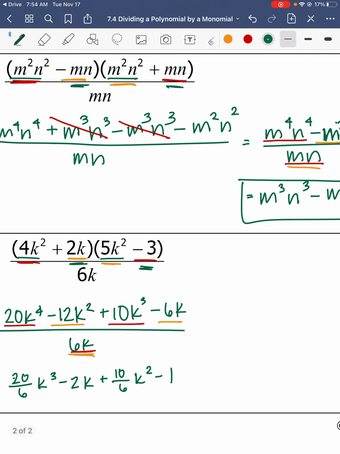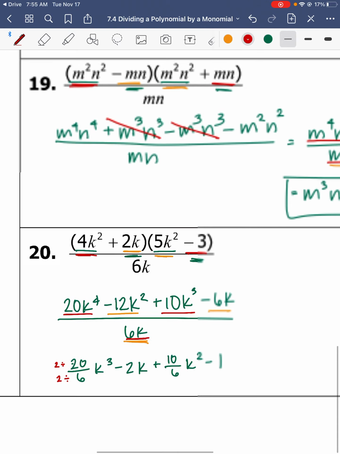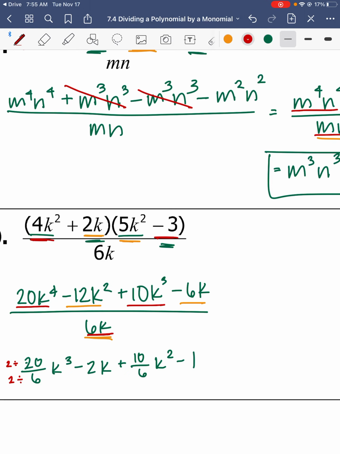Okay, so we need to simplify these fractions and also write it in standard form. So 20 divided by 6, we're going to find a number that both the numerator and the denominator are divisible by, and it looks like it is 2. So if we divide the top and the bottom by 2, we're going to get 10 over 3 k^3.